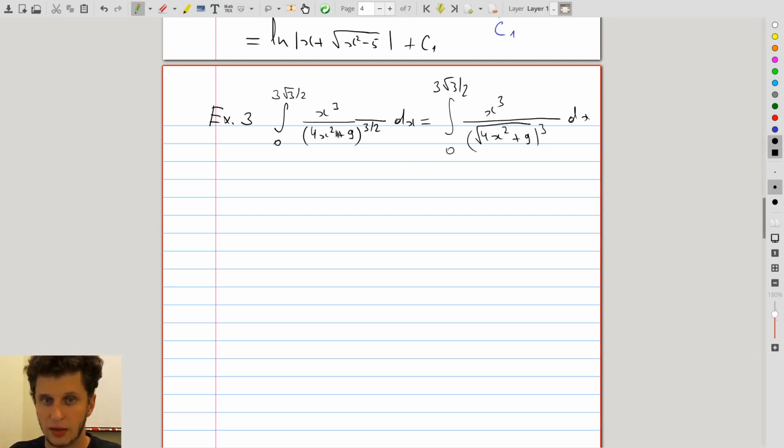As a matter of fact, this 2 in the denominator of the exponent gives us the square root, which is then cubed. All right, now let us look at this expression closer.